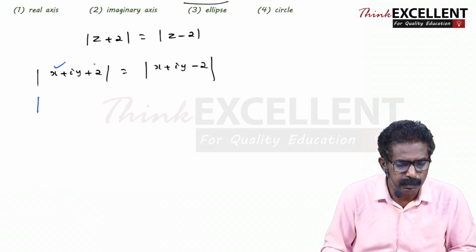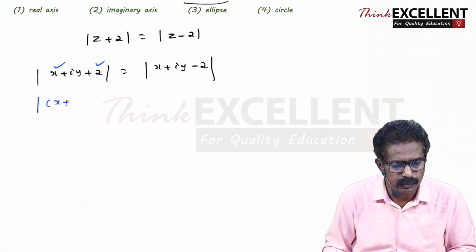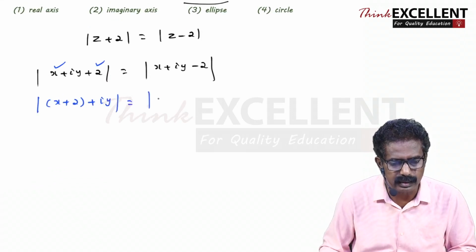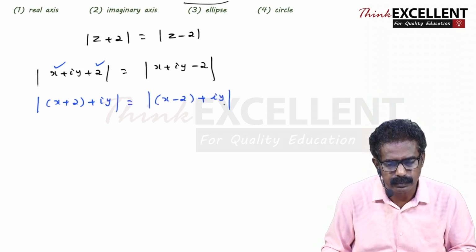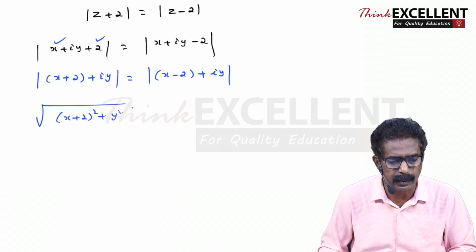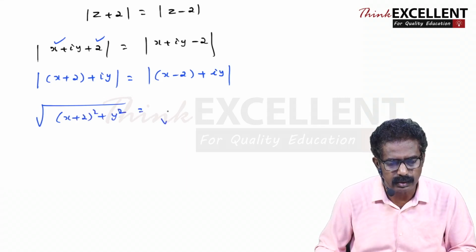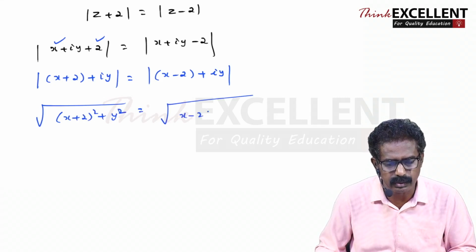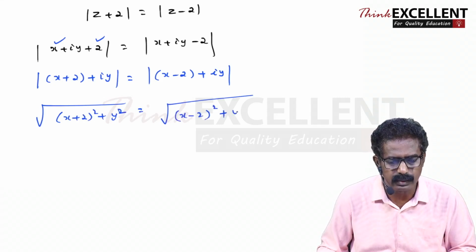Real part x plus 2 plus iy, equal to modulus (x minus 2 plus iy). So modulus means root of (x plus 2) the whole square plus y square. Here also root of (x minus 2) the whole square plus y square.